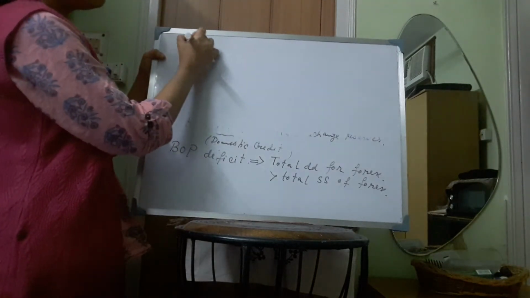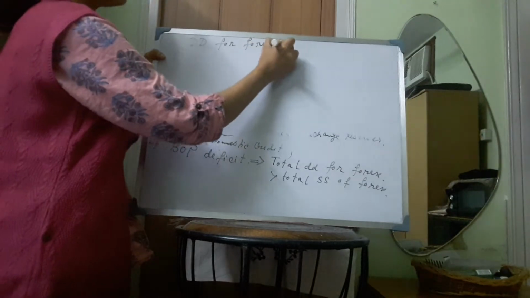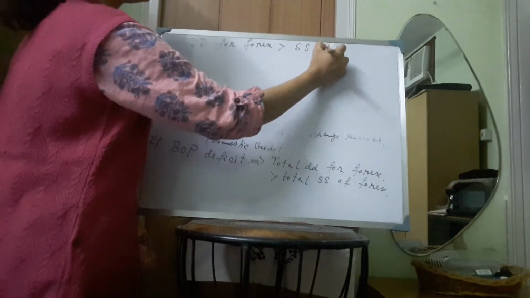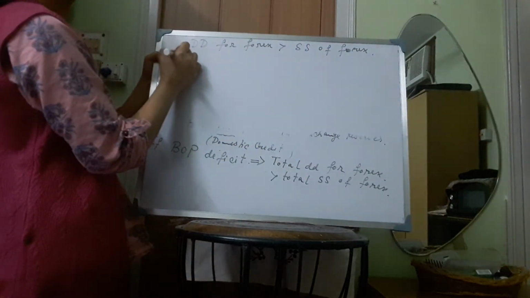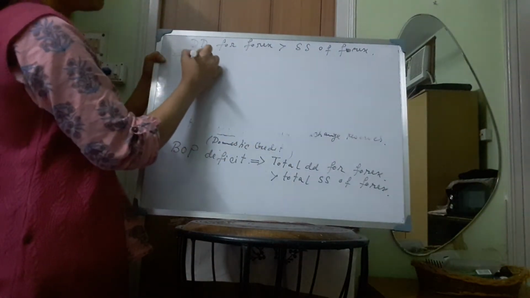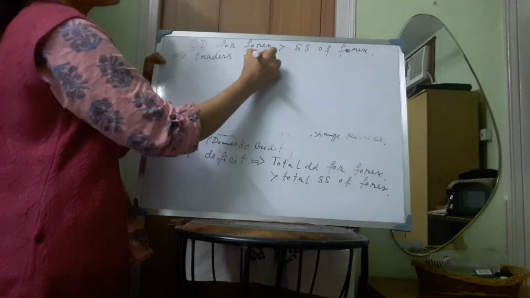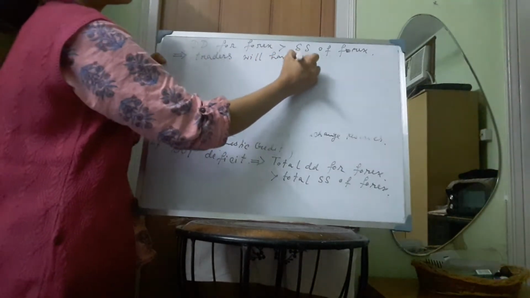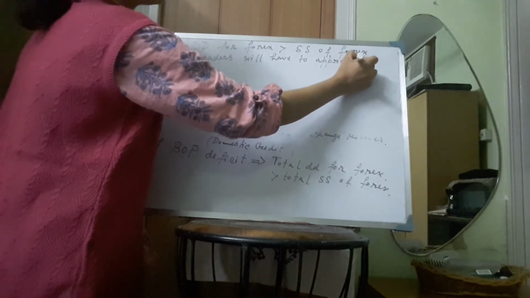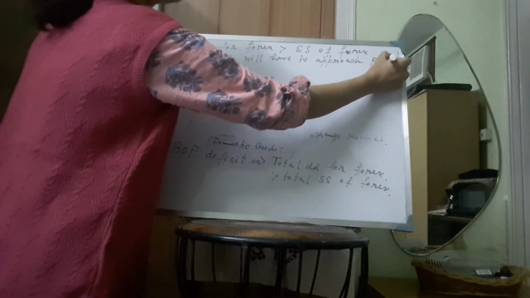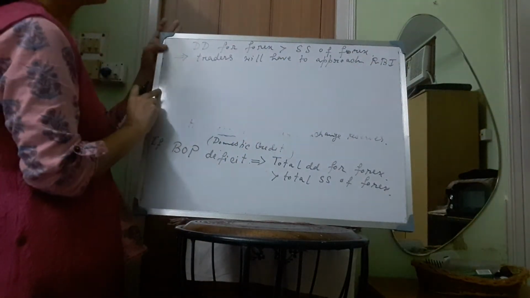Now if total demand for foreign exchange is greater than the supply of foreign exchange, that means traders will have to approach RBI, that is the central bank, for getting the extra amount of foreign exchange for importing commodities.